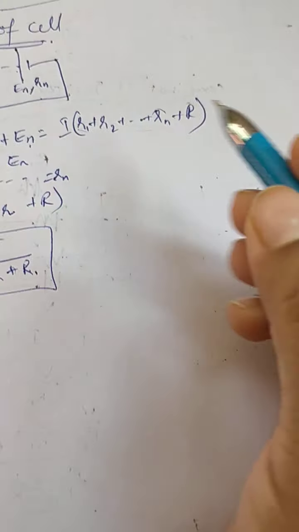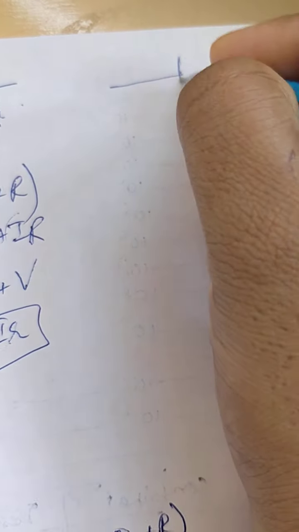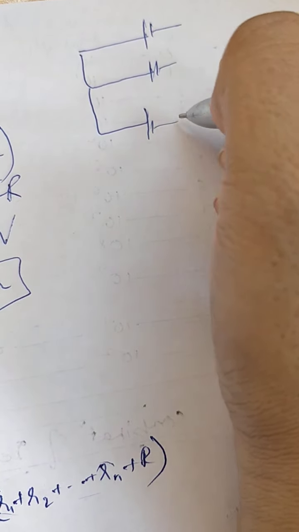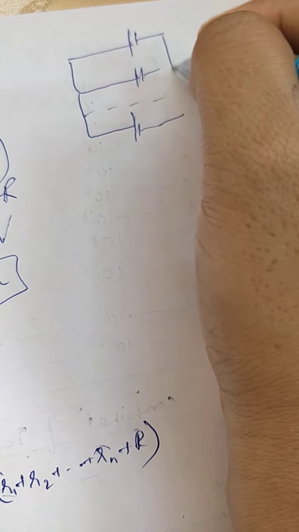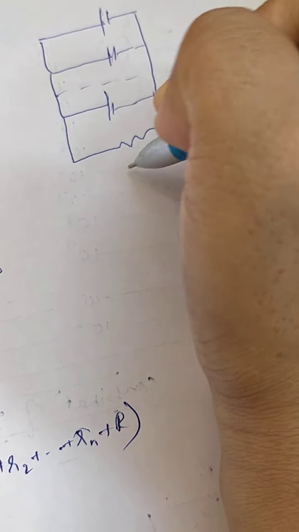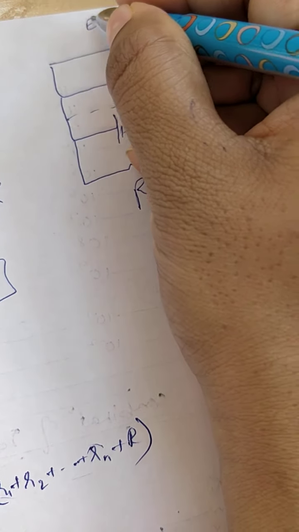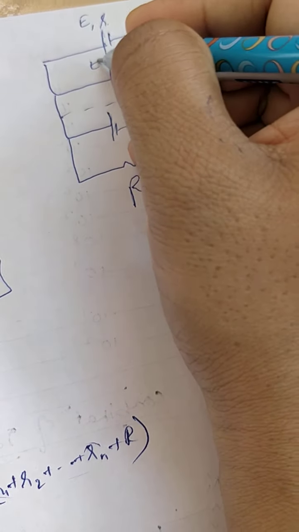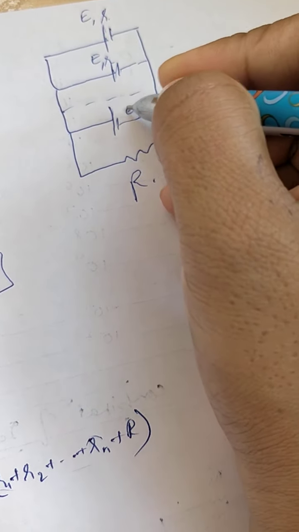Okay, for the combination. Now if your cells are in parallel combination, you have this kind of parallel combination, and suppose they all are identical cells. Okay, and this is your external resistor R. If they all are identical, so E comma r, E comma r, E comma r.